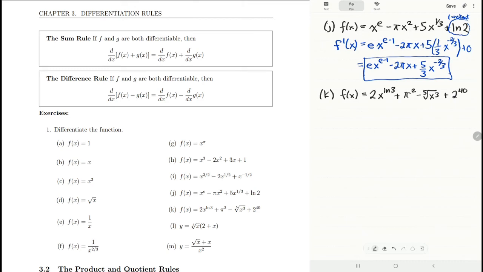All right, so now before we apply our derivative rules, let's simplify. Let's rewrite the fifth root as an exponent. So we have 2 times x to the natural log of 3 plus pi squared minus x to the power of 3 over 5.